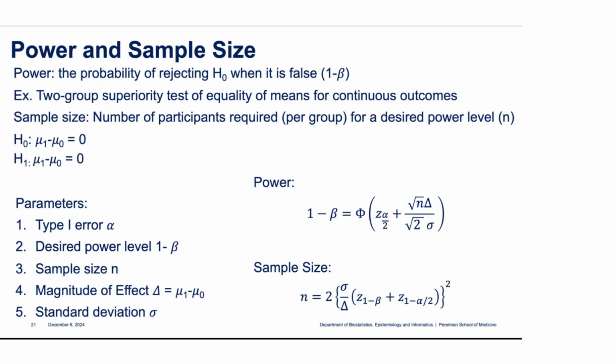And then we know that along with the power comes the consideration of the sample size, which is the number of participants that are required per these two groups for a desired level of power, right? So we see our null hypothesis and our alternative hypothesis listed. The alternative hypothesis should be that it's not equal to 0. And then the parameters that we have are the type 1 error, the desired power level, the sample size, the magnitude of effects, and the standard deviation.